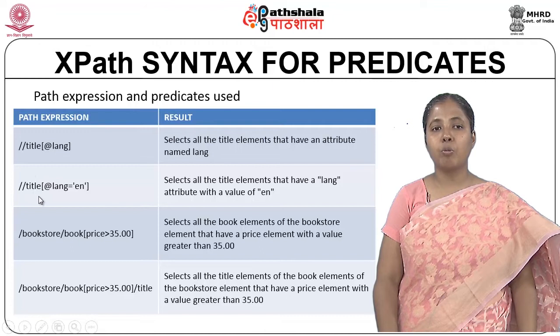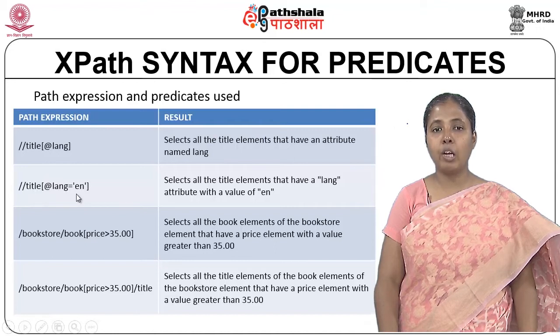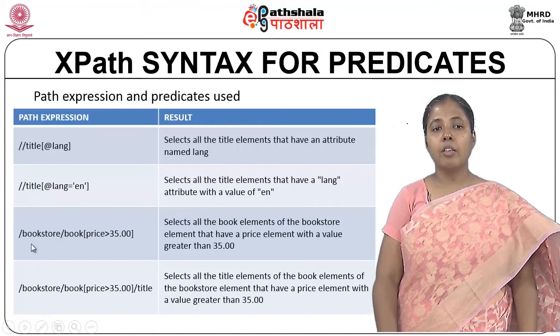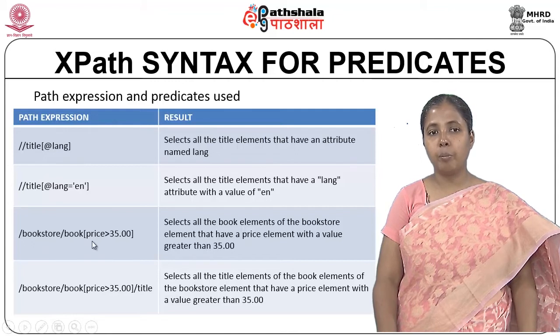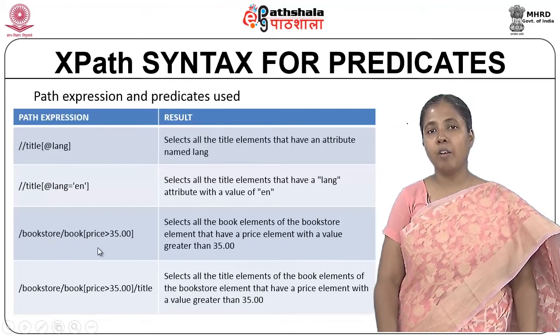The next path expression is given as all the title elements, but the lang attribute should have a value called en. And this example gives a path expression that selects all the book elements under the bookstore, but the price should be greater than 35. So, it selects all the book elements of the bookstore element that have a price more than 35.